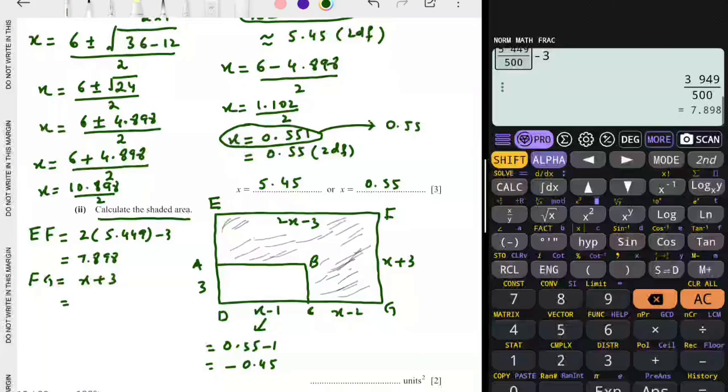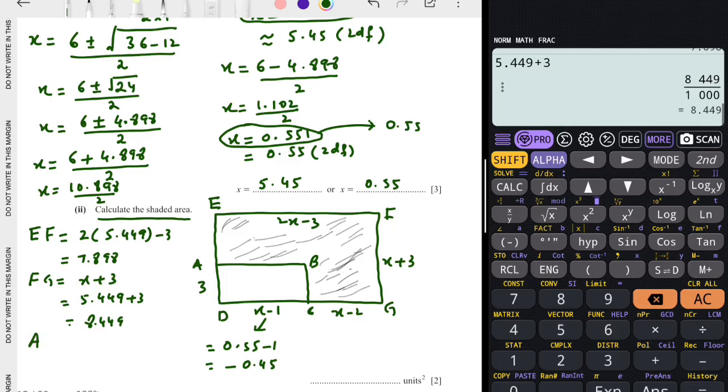This is equal to 5.449 plus 3. So we are going to add them. 5.449 plus 3 is equal to 8.449.